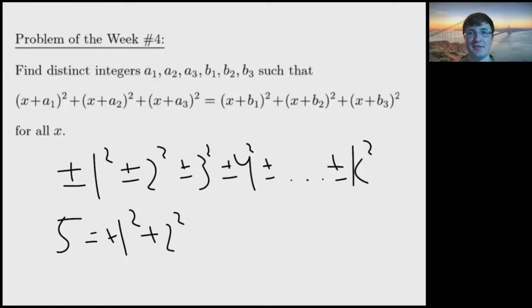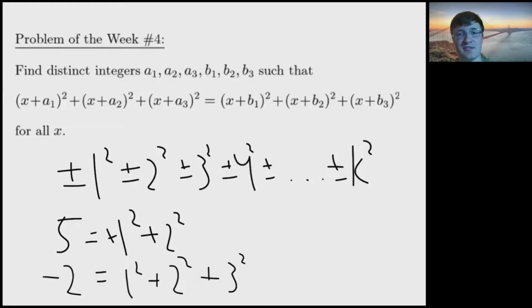Or for example, if you want, say, -2, you could do 1 squared plus 2 squared plus 3 squared minus 4 squared. So that's 1 squared plus 2 squared is 5, plus 3 squared is 14, and then you subtract 16. Okay, and there's a way to do this for every single integer.